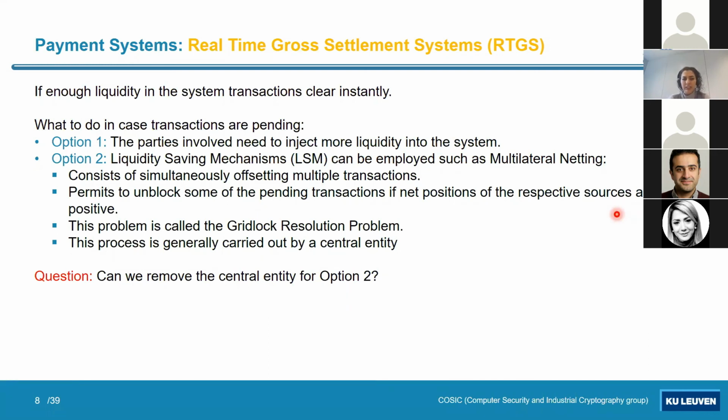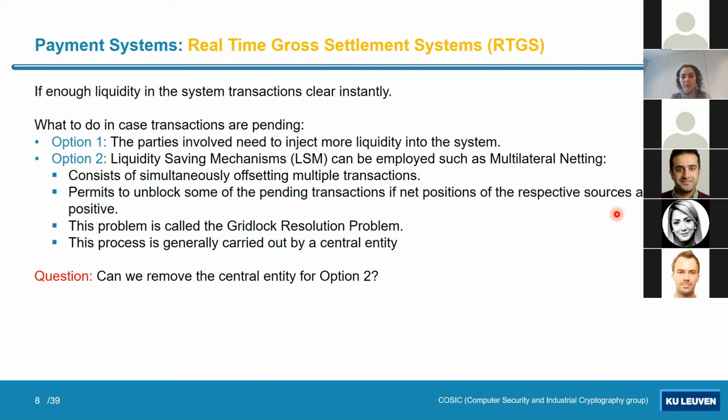Multilateral netting consists of simultaneously offsetting multiple transactions, and it allows us to unblock some of the transactions whose sources have positive balances. This is the solution to the gridlock resolution problem, and this process is carried out by a central party.